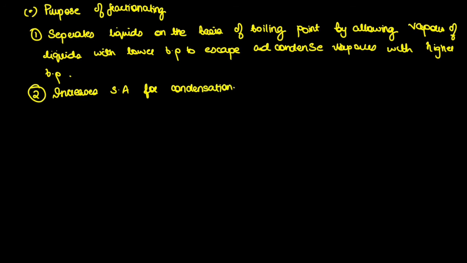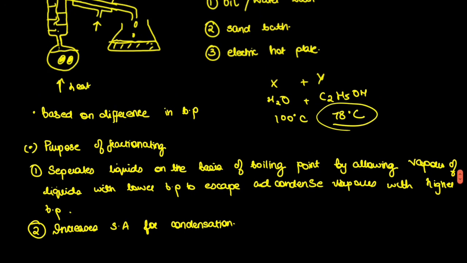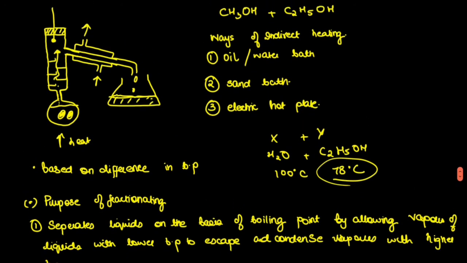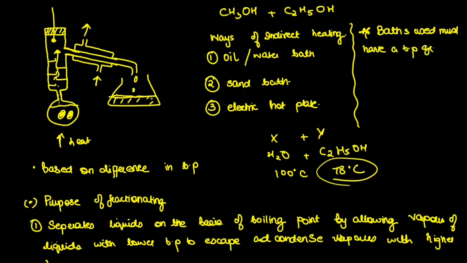Now there are a few things that you need to keep in mind. Remember that I mentioned there are ways of indirect heating. Now I need you to write something along with it: baths used must have a boiling point greater than the substance being heated.